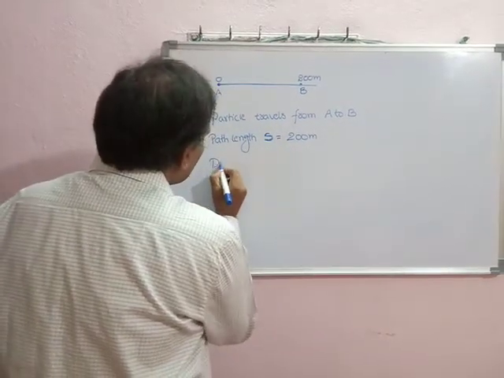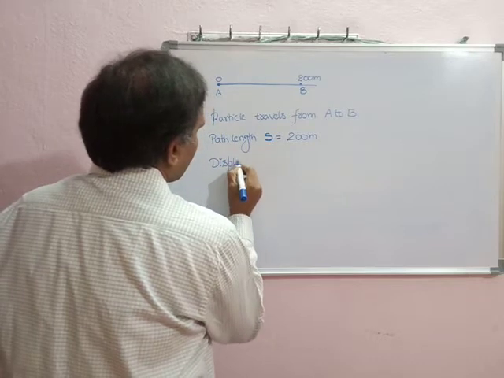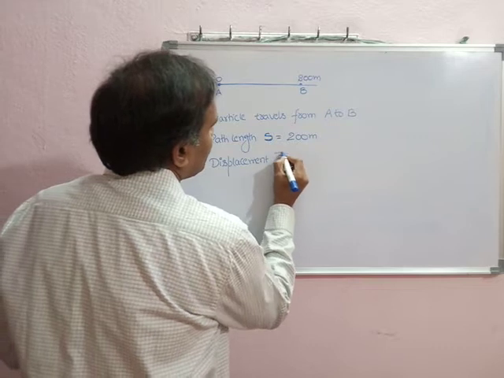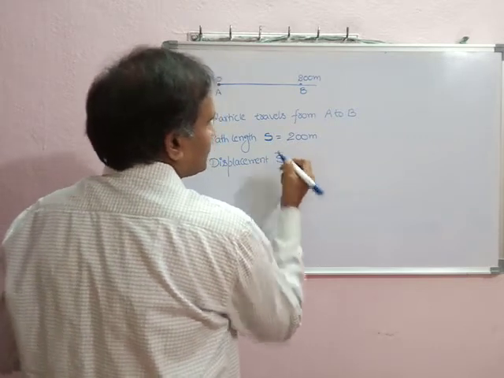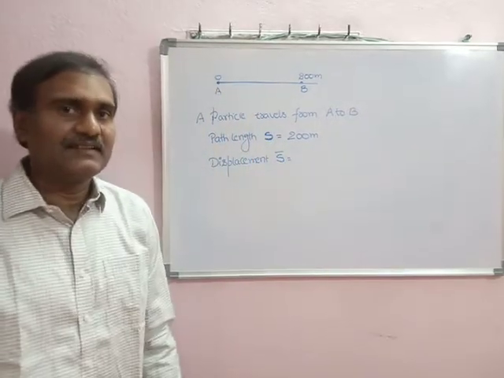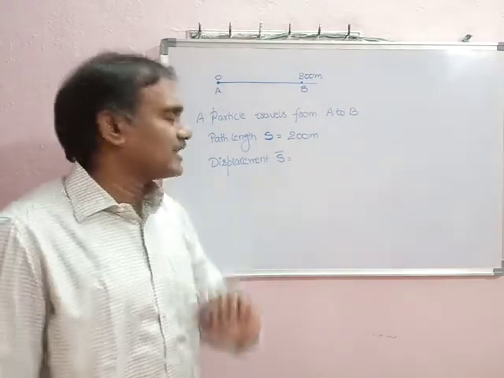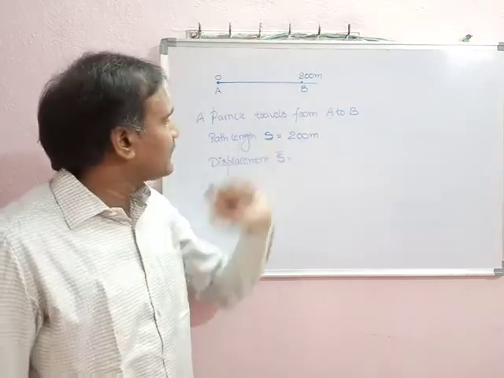What is displacement? Instead of displacement, I want to put a bar on S or X bar or Y bar, because it is a vector quantity, while path length is a scalar quantity.